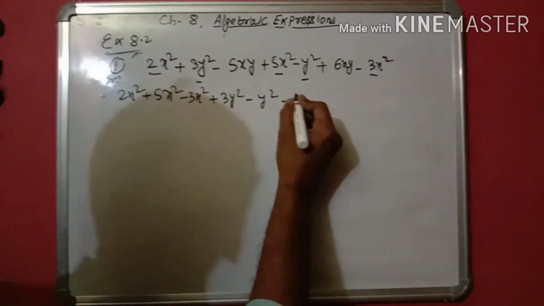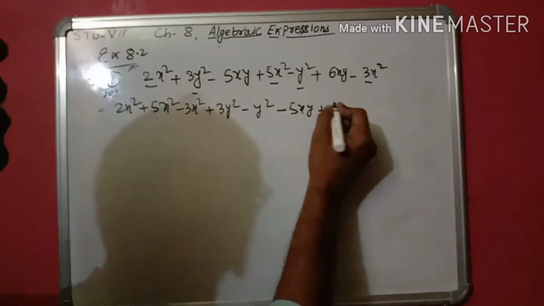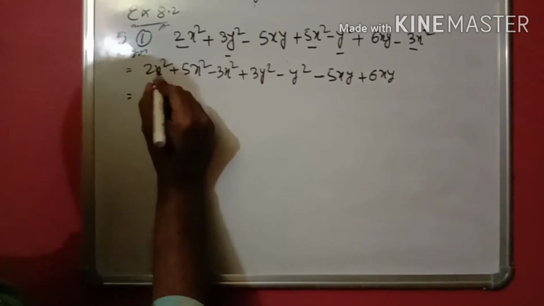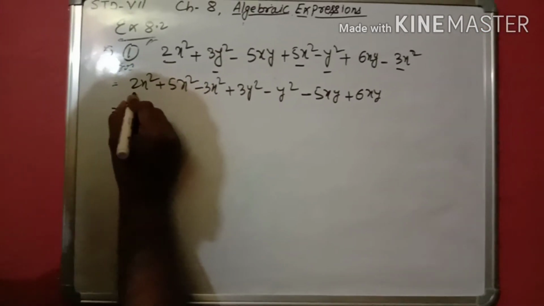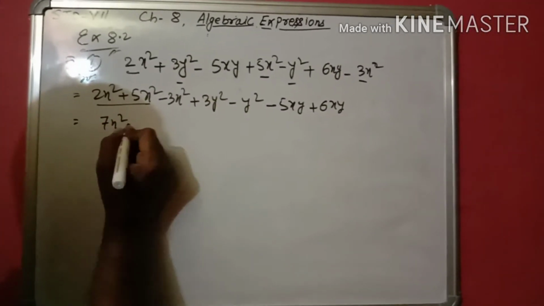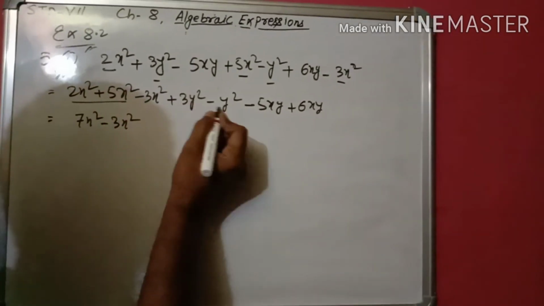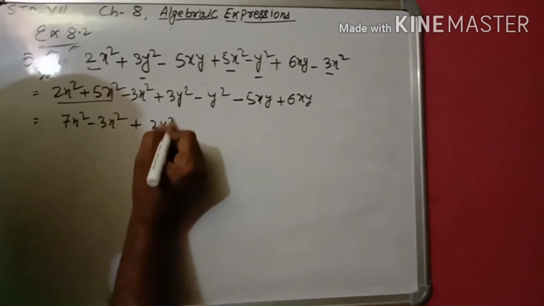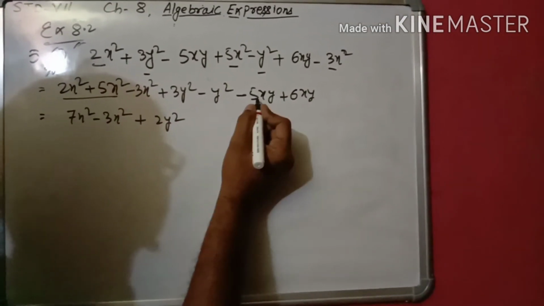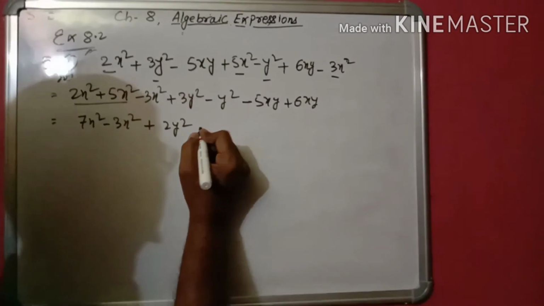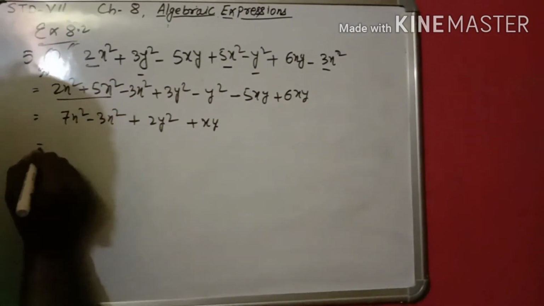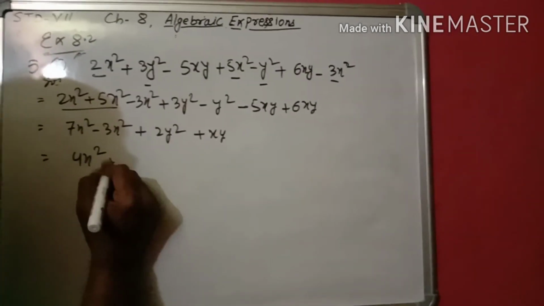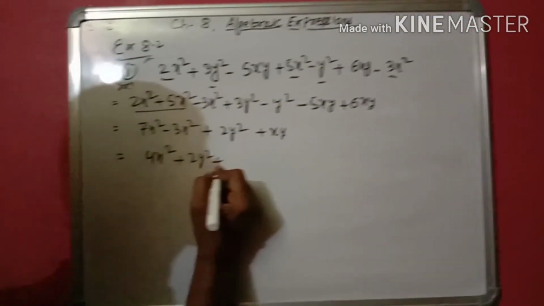Now 5xy plus 6xy. Now 2x square, 5x square, so this is 7x square minus 3x square. And 3y square minus y square equal to plus 2y square. And minus 5xy plus 6xy means xy. So here I can write 7 minus 3 means 4x square plus 2y square plus xy.